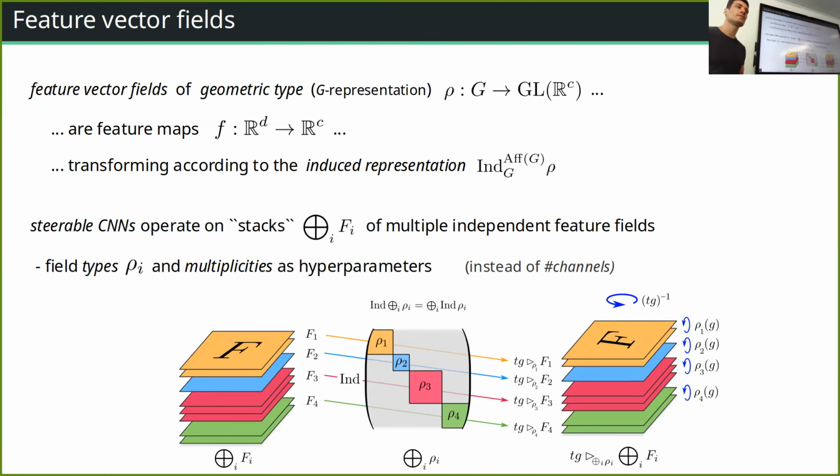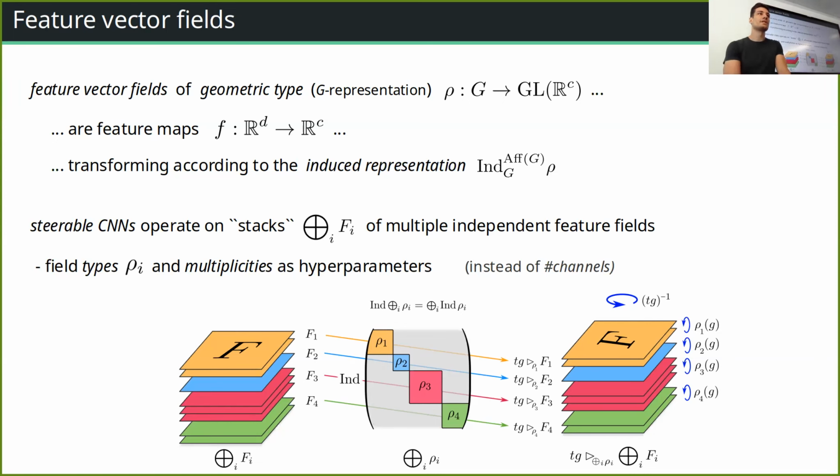What do you mean by field? Like field of real numbers? Feature field. This is another word like feature map, but in addition, we have this transformation law under the affine group.